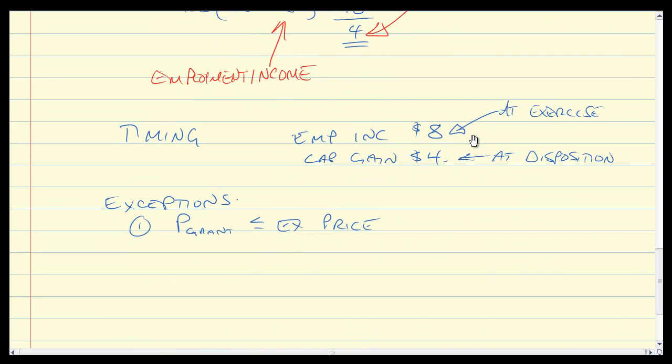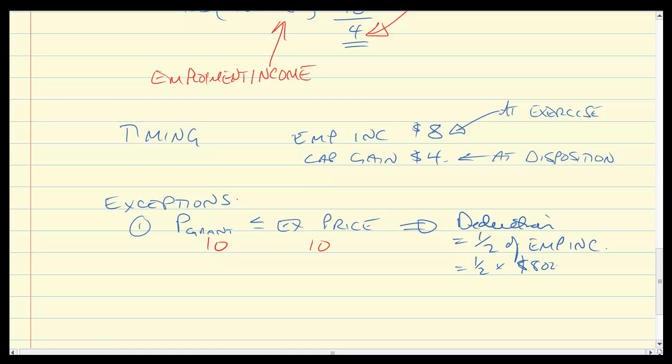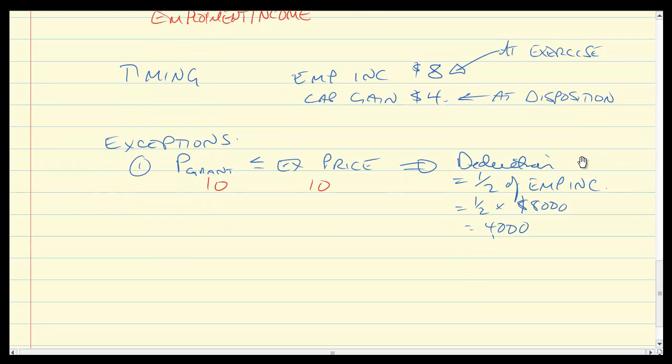But if this had been set at 10 so that it was equal, then that would lead to her being able to get a deduction equal to 1/2 of the employment inclusion. So in her case, that's a half of $8,000. So her income inclusion would have been, in total, 8 minus 4. So she would have included 4 in her income had they set the X price better, more smartly.